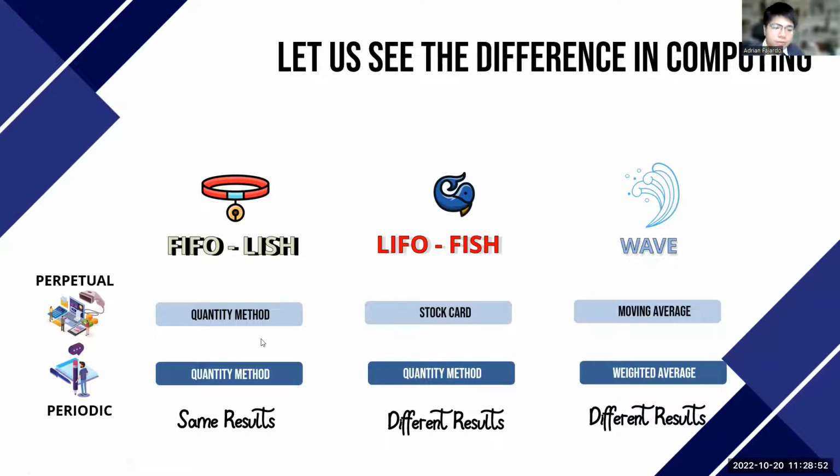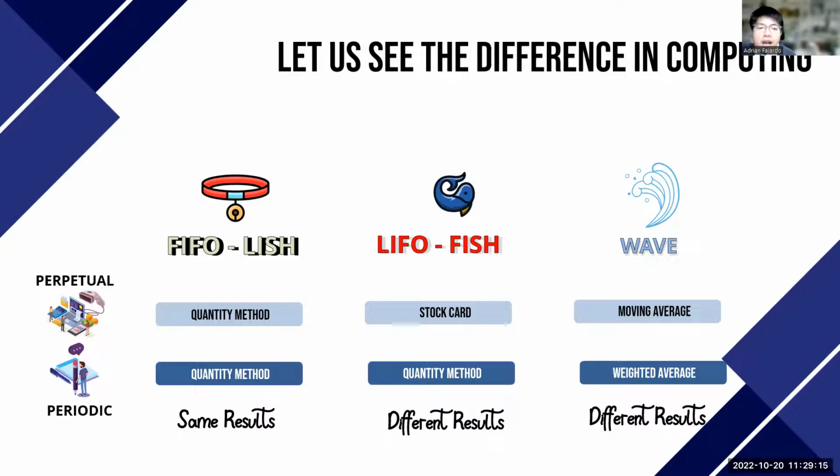Sorry, nakamute pala ako. So, we're tackling E6.7, and then E6.7, it has a lot of questions, but in essence, it wants you to do all 6, right? And basically, in all 6 methods, FIFO generally will give you same results. LIFO will generally give you different results because they have different procedures.